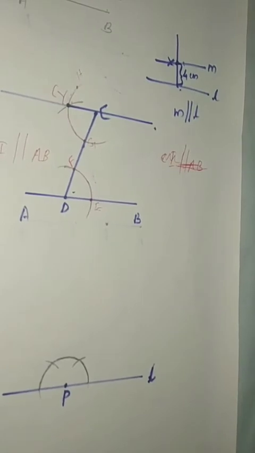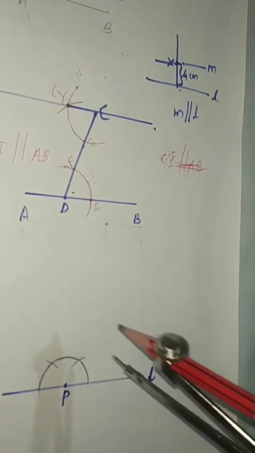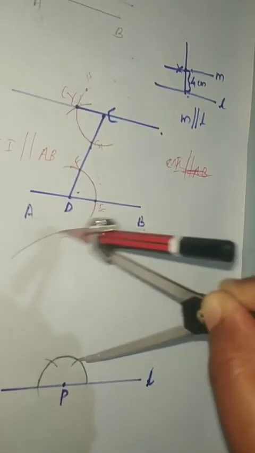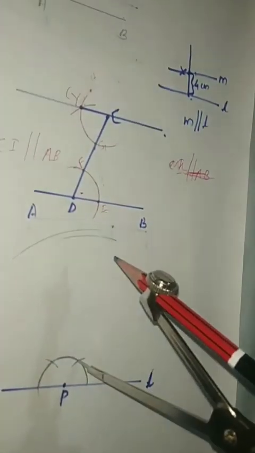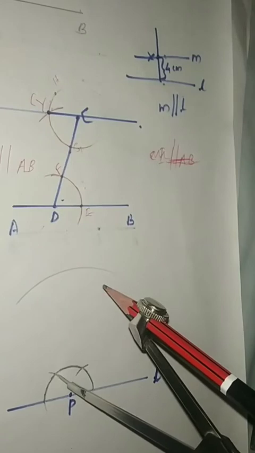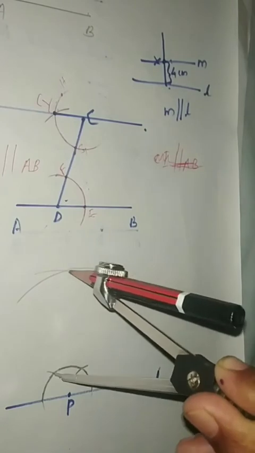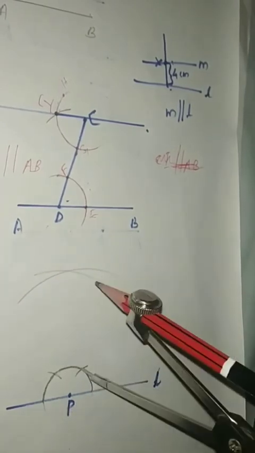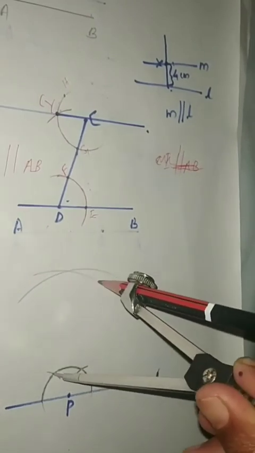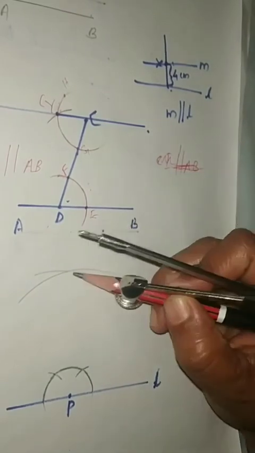Now, we can draw the perpendicular. Before that, we have to keep the compass point on this joining point. Then with the same distance, keep the compass point on this joining point and draw another arc to cut this first arc. First, we drew this way. Then we have to draw another one. Now, here one joining point will be there.